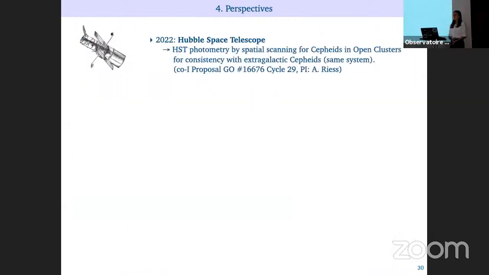Finally, some perspectives for future observations. We have obtained 10 orbits of the HST to obtain spatial scanning photometry for 10 cluster Cepheids. This will allow us to avoid the photometric systematic between different systems, since extragalactic Cepheids are also observed with the HST.